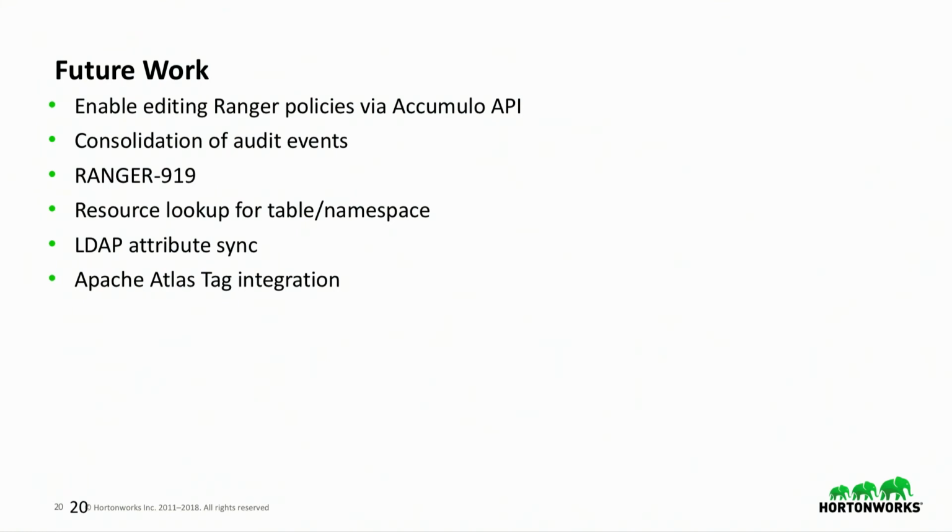Ranger 919, like I mentioned, is the Apache Jira that I made a couple years ago that I desperately need to update. Then there's the resource lookup for the table and namespace. You saw where you would specify which resource you're referring to and what the resource could be. It can auto-complete some of that by querying the service that you're controlling. I have not configured it to do that, but it's probably pretty useful, much like the ability to edit it from the shell, depending upon your point of view.